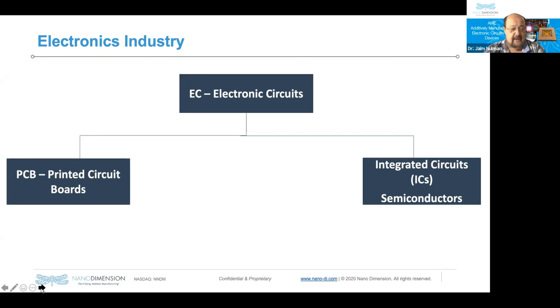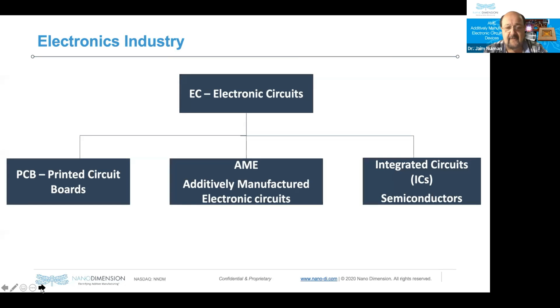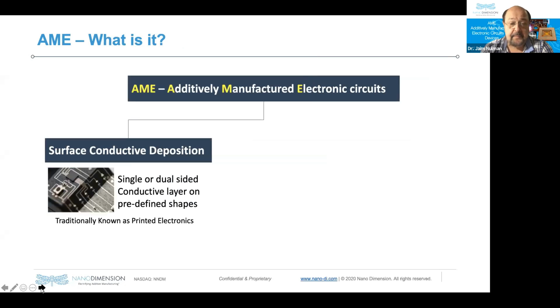However, as the technology evolves, we see the need to introduce additive manufacturing electronics that, as we will see, serves as a bridge between the integrated circuits and the PCB technology. And we will see how these things will merge into a single type of device structure. And that's the direction that the industry is tending to go.